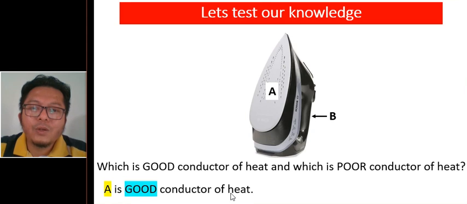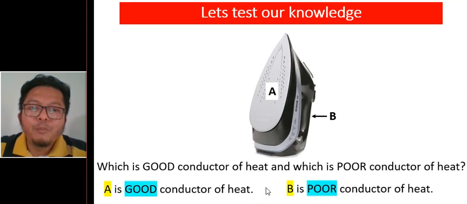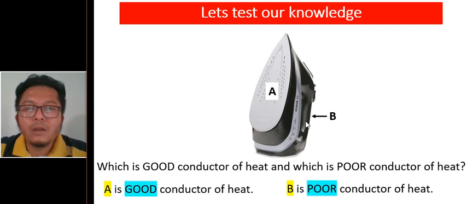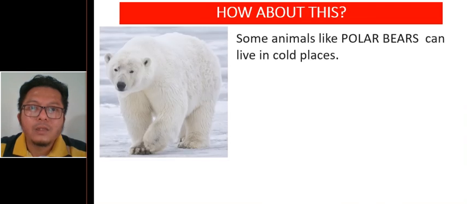A is a good conductor of heat. B is a poor conductor of heat. Why? Usually A is made from metal and B is usually made from plastic. So plastic does not get that hot very fast. A is hot.